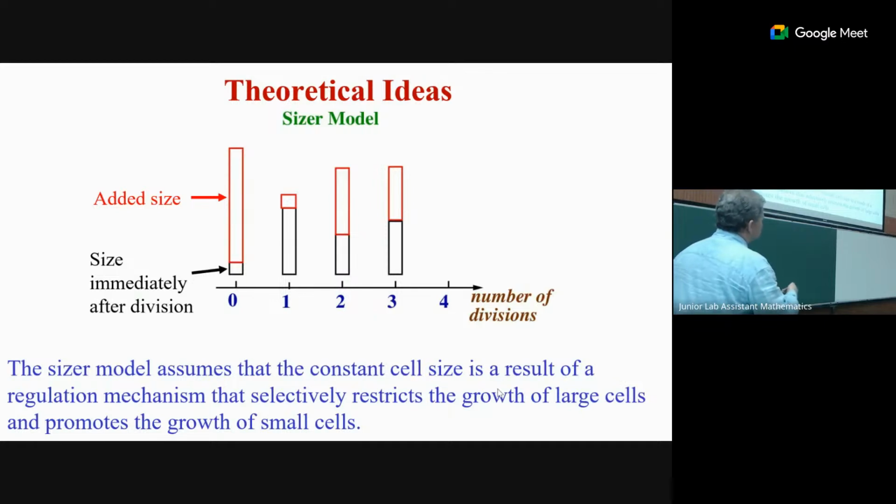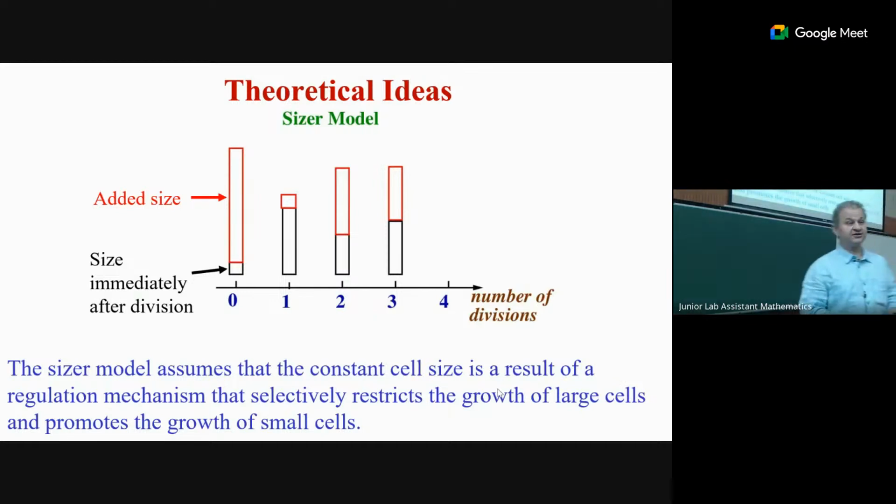After several of these fluctuations, you will reach a stationary state. So the idea is, if originally at birth the cell is too big, then somehow biologically you add a little. But if at birth you are too small, you add a lot. As a result, after several divisions, you will get almost constant size.